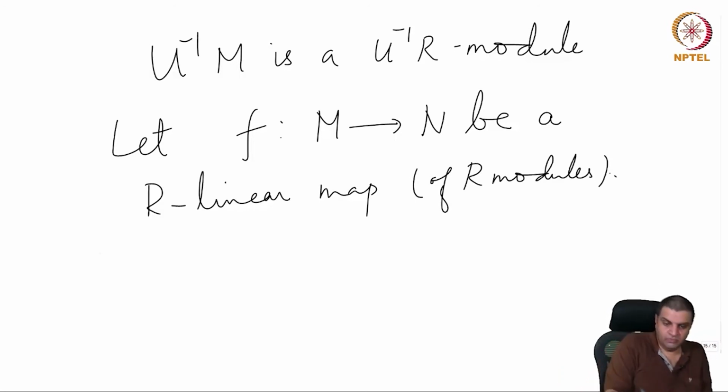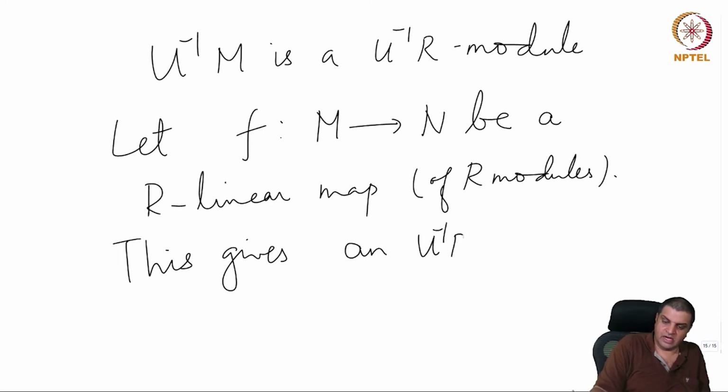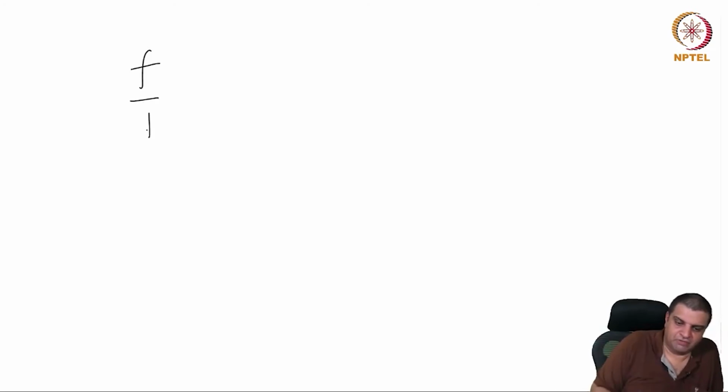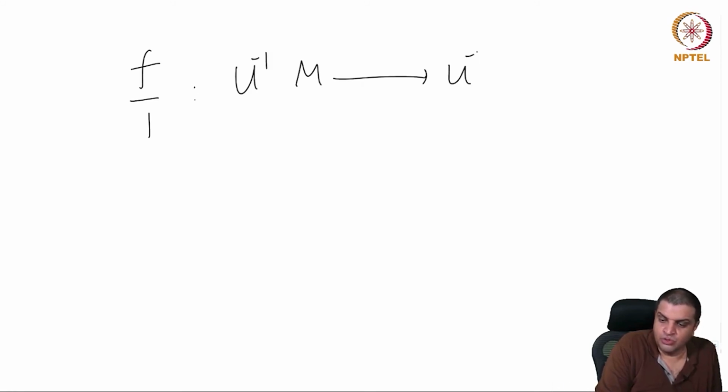This gives a U inverse R linear map, which we will define like a fraction f over 1, from U inverse M to U inverse N. What is the map?